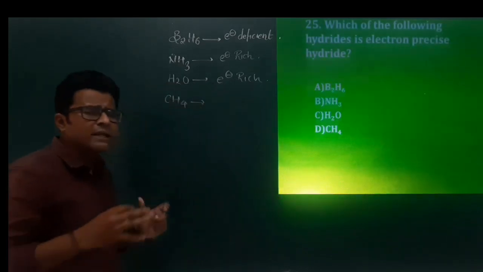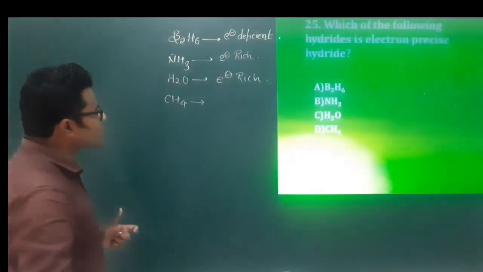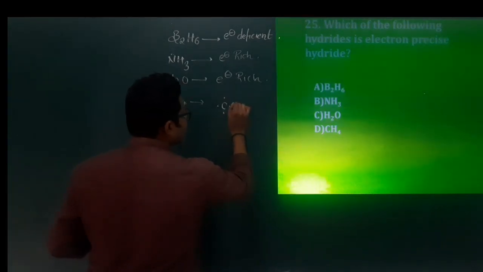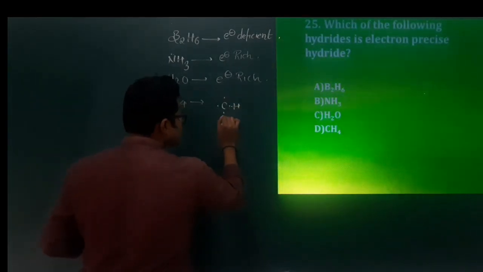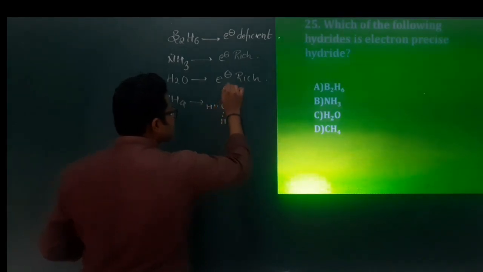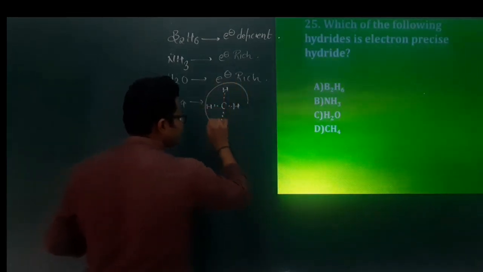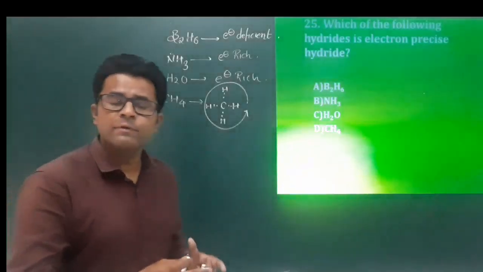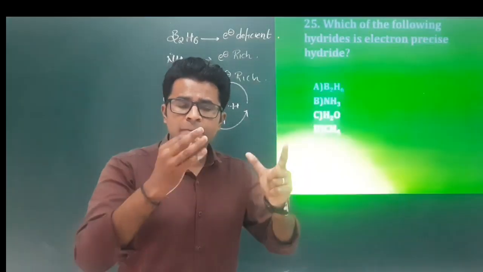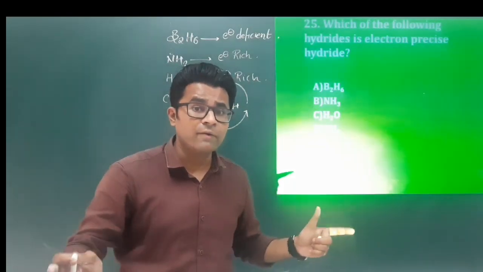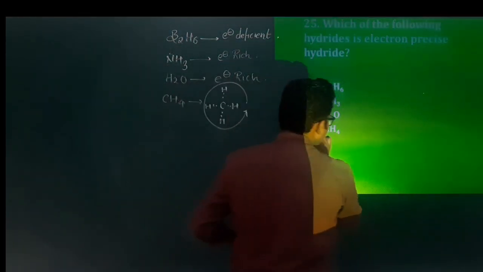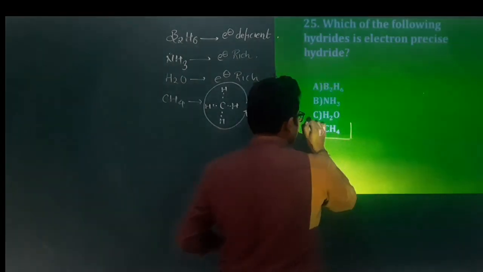CH4 is the only hydride here which shows the exact required number of electrons for representing a Lewis structure. The number of electrons is precisely sufficient for drawing that structure, and therefore option D is the answer.